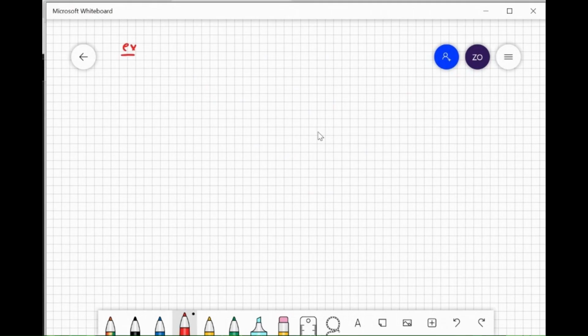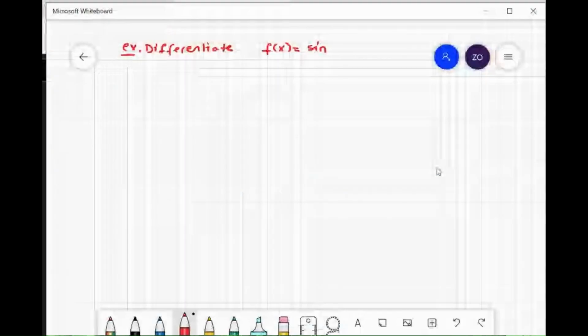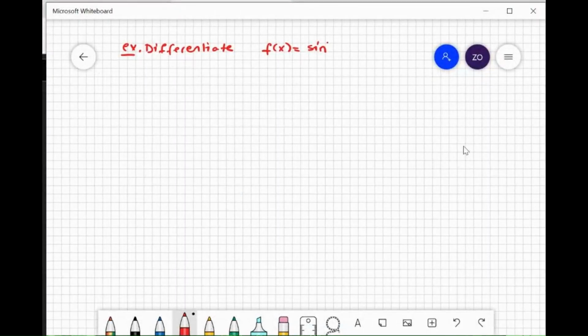Okay, so let's first differentiate f of x, which is, okay, so let me double check, sine cube of x. What is sine cube of x? This is just find sine of x and cube it.